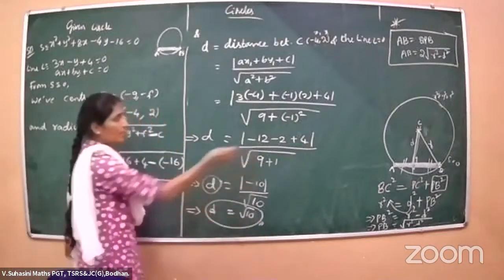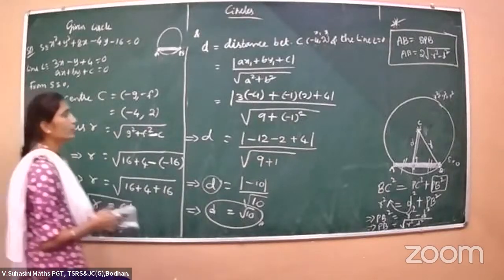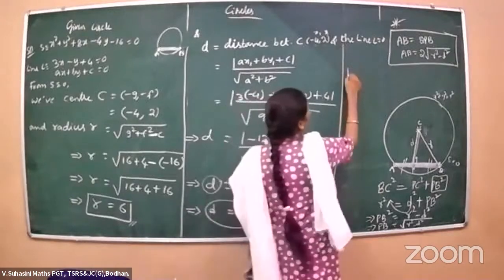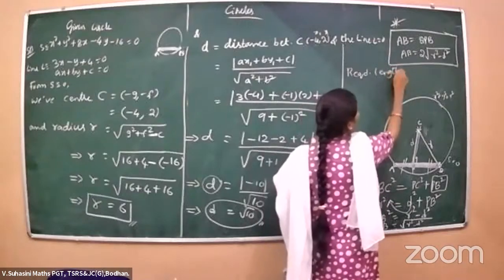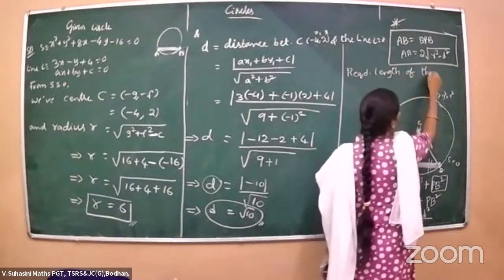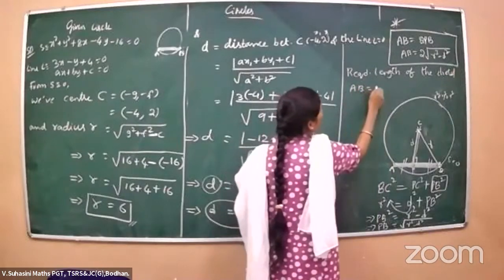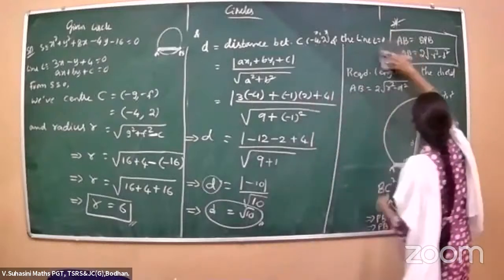Substituting the values of r and d in the formula, we get the length of the curve. Required length of the curve AB is equal to 2 times root r square minus d square.